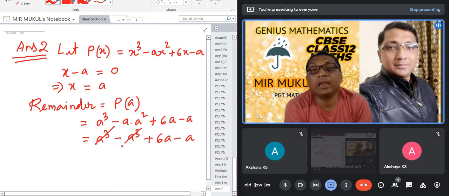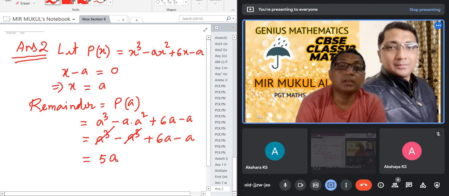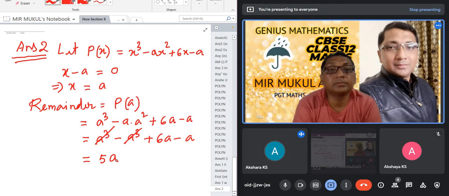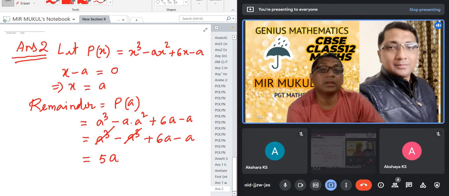Now a cube and a cube cancel. Now 6a and a are like terms. 6a minus a will be 5a. Aksara, quickly check the answer. Yes, sir. It's correct. Okay. So that was question number 2.